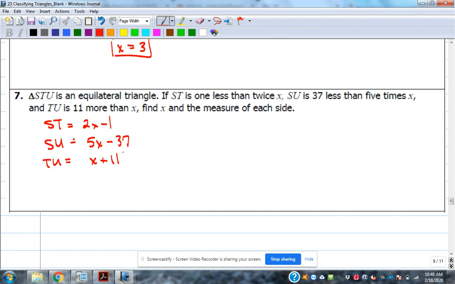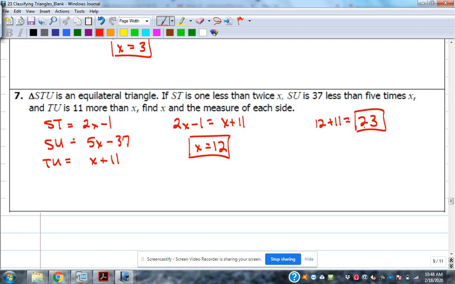I'm going to use ST and TU because it's an easy solve. And then plug that in. 12 plus 11, 23. Easy stuff.